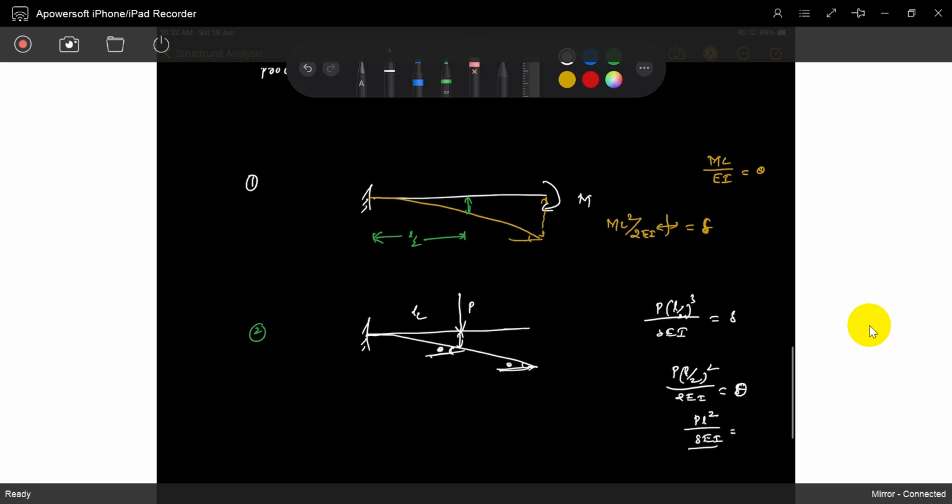Because this is a beam and you applied a load here. So up to this section only experienced bending. By this bending, it deforms like this, up to this location.